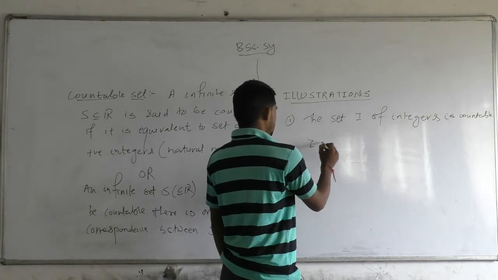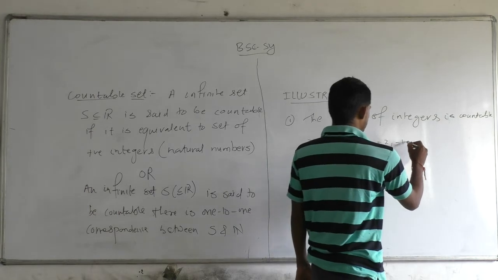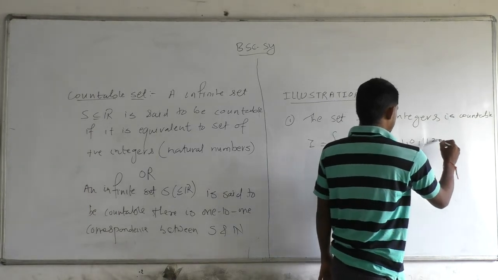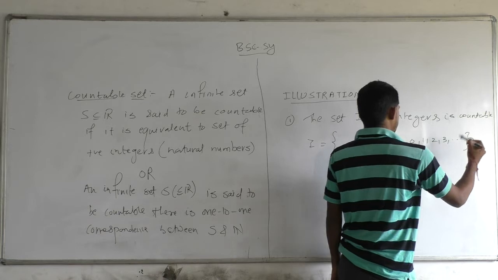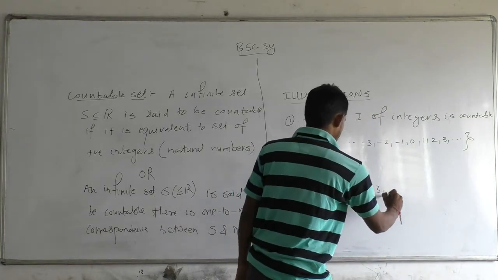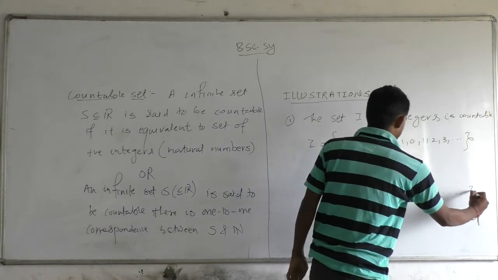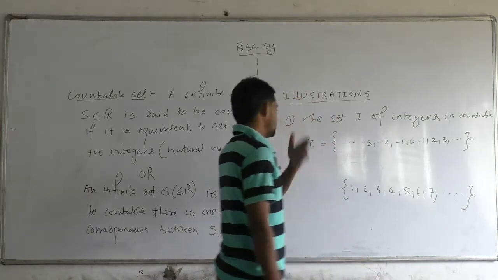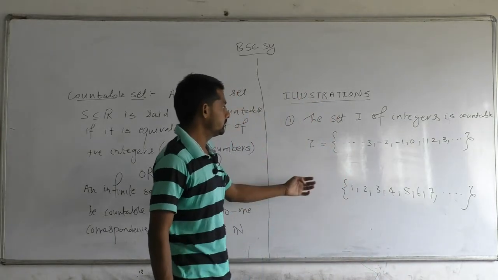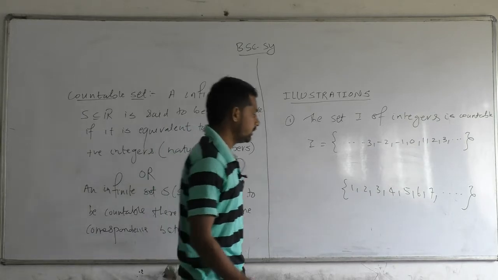Now we know that I is nothing but ..., -3, -2, -1, 0, 1, 2, 3, ... And we know that the set of natural numbers is 1, 2, 3, 4, 5, 6, 7. So we can introduce a function f from N to I which is both one-one and onto.